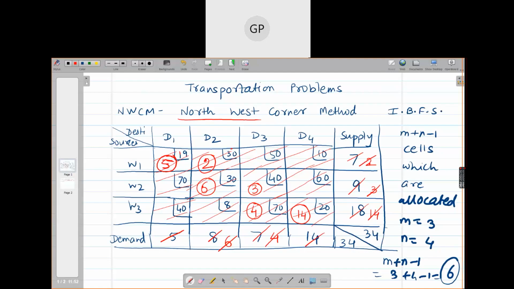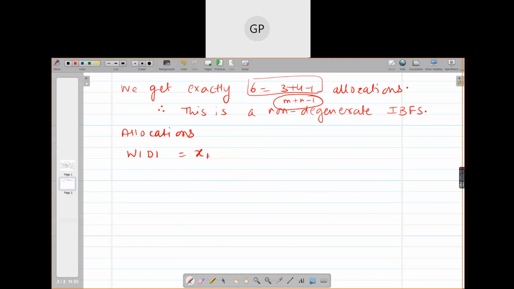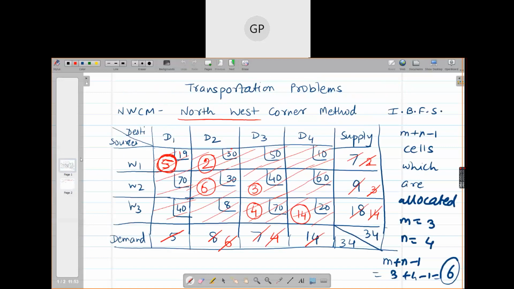Okay, so what are the allocations? You have to write down the allocations. What is the location of the cell where you have put 5 units? W1 D1, right? So you can write allocations as W1 D1 or you can write x11 also. x11 is equal to 5. Then we have 2, 6, 3, 4, 14.